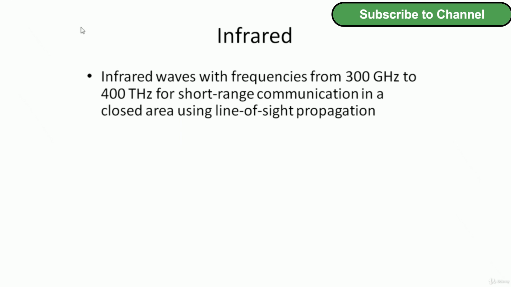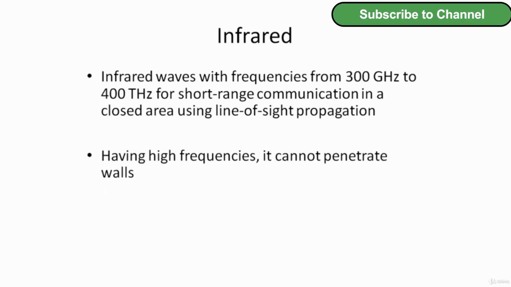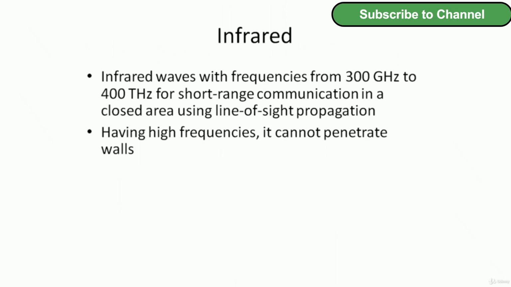So in this IR transmission, the frequency range is from 300 gigahertz to 400 terahertz, used for short communication in a closed area, and the propagation used is line of sight. Having high frequencies, it cannot penetrate through the walls.